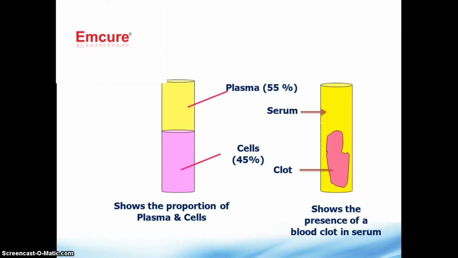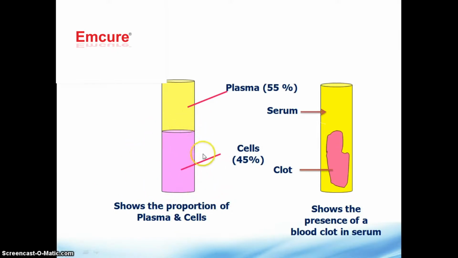What is the difference between plasma and serum? Well, when the blood is left to stand for some time in a test tube, you will see that the liquid portion gets separated from the solid portion. The solid, because of gravity, settles down, and the composition is approximately 45%. This 45% is nothing but cells.